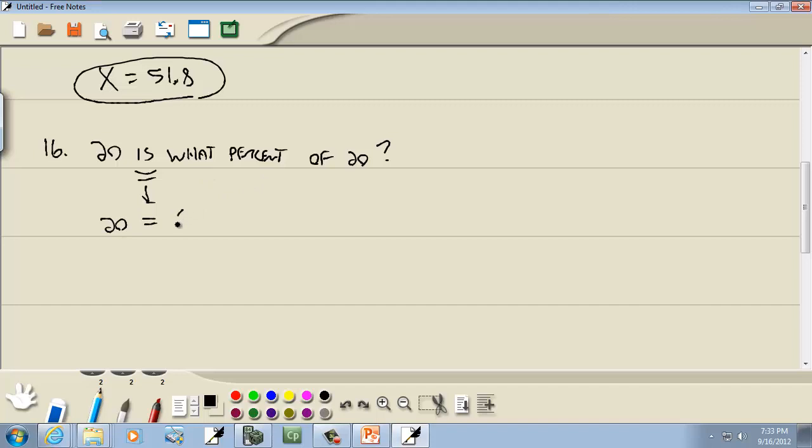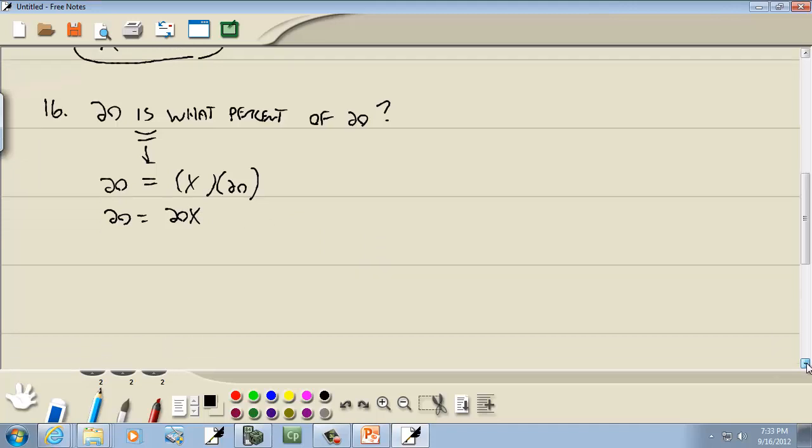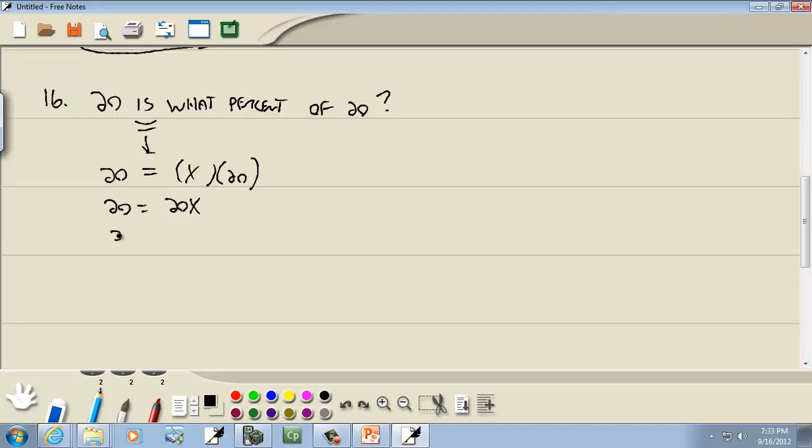What percent of? This is x times 20. X times 20 is just 20x. And again, that's multiplication, where you got 20 times x. So we're going to divide both sides by 20. And those 20s cancel there. And we got x is equal to 1.